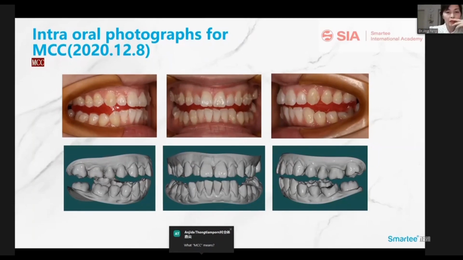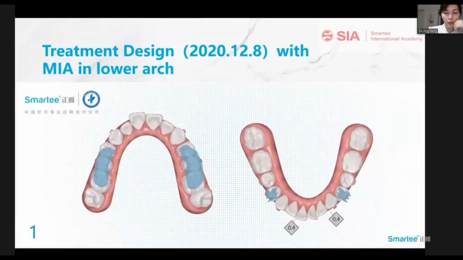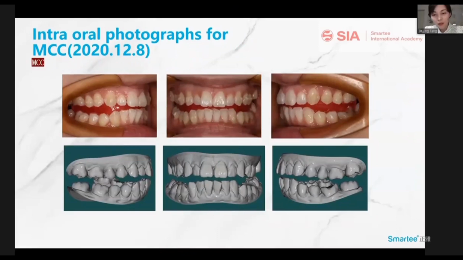But this time I use MIA to help me upright the lower molars and control the incisors' inclination, together with the mandible moving forward.